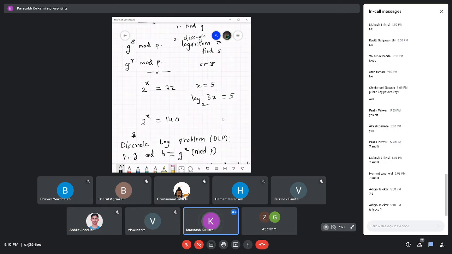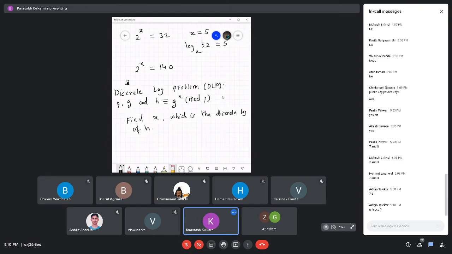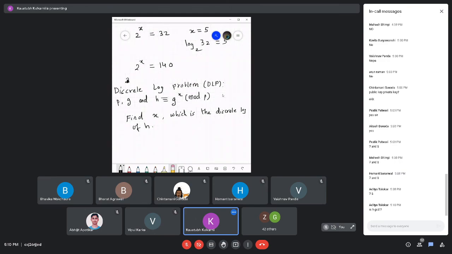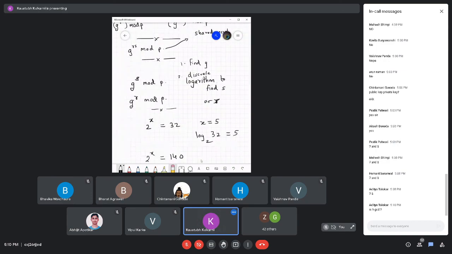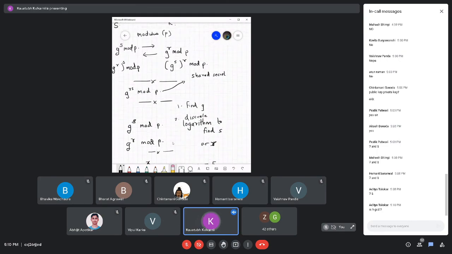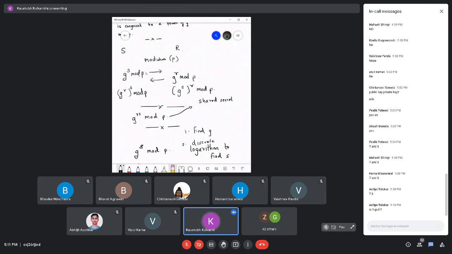Is h the GCD? No. H is not the GCD. As I said, the attacker could listen on the communication, snoop, and understand one of these messages, that is g raised to s mod p. The attacker will know p, the modulus, and can find the primitive root, so the attacker can find g.